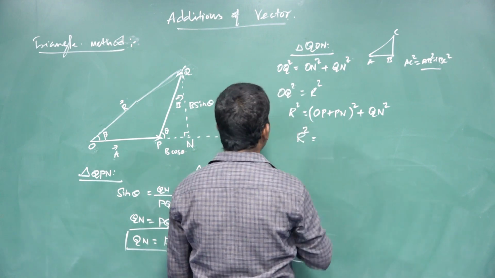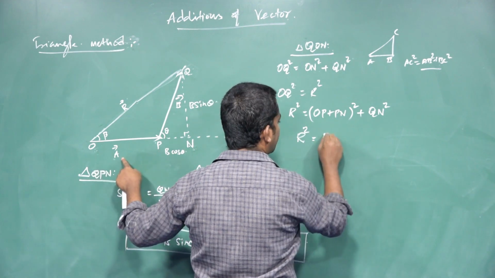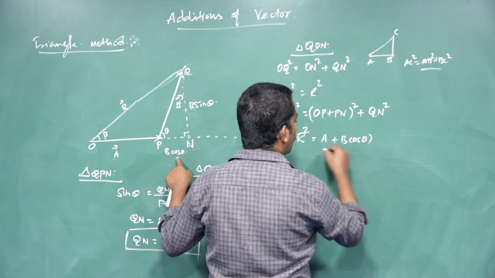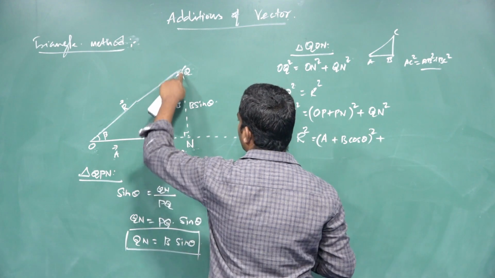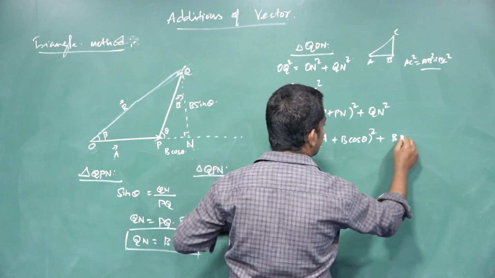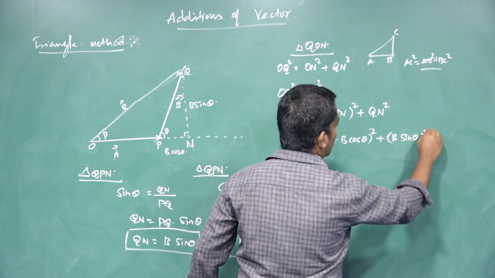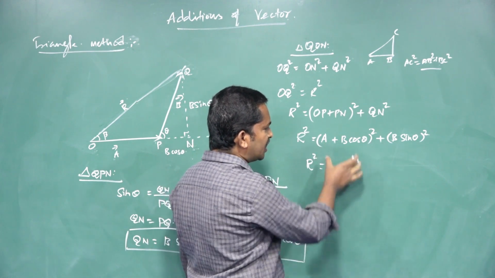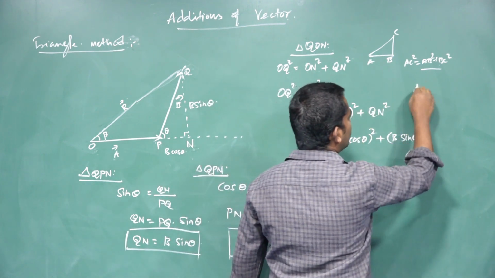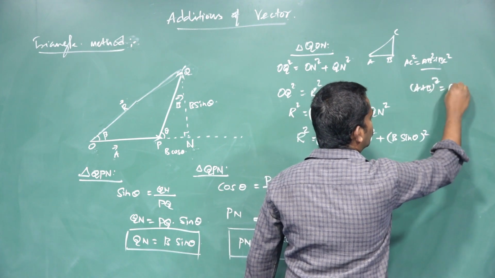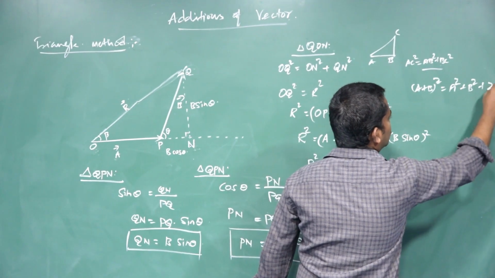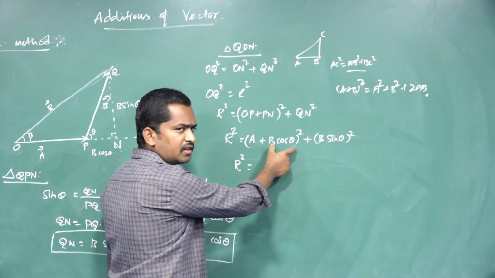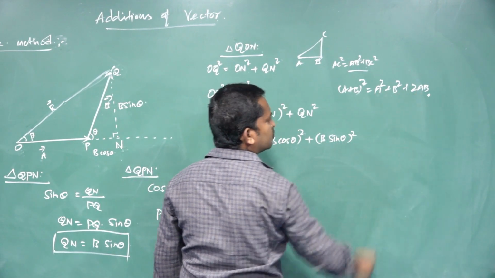R square is equal to A plus PN, B cos theta, whole square plus QN, B sin theta, whole square. So R square is equal to A plus B cos theta whole square. You know the formula: A plus B whole square is equal to A square plus B square plus 2AB. Here A is A, B is B cos theta. So A square plus B square plus 2AB cos theta.